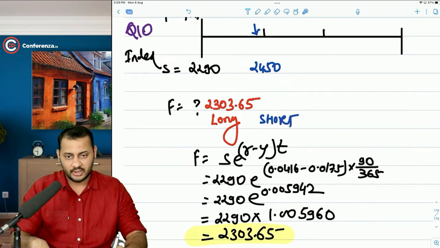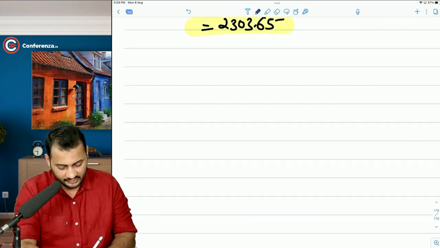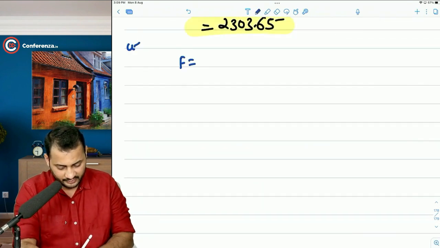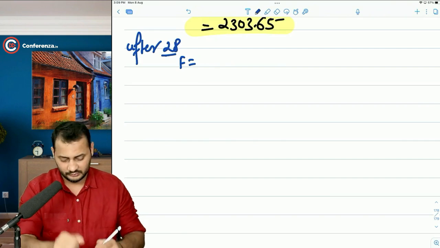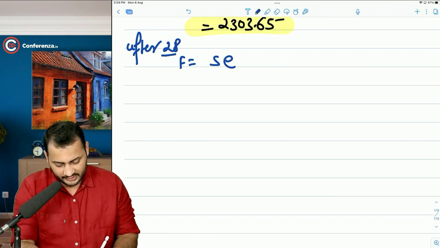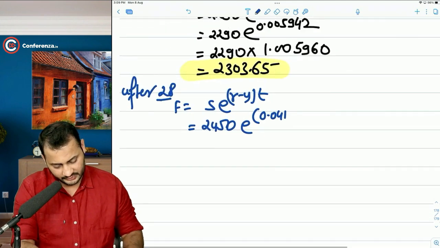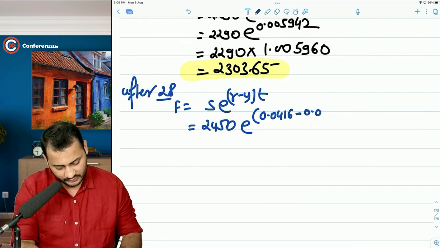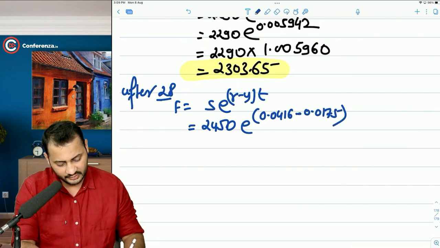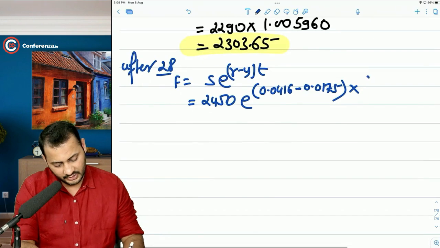Now, another mistake that will happen after 28 days. S(e^((r−y)T)): 2450 is the new price, e to the power 0.0416 minus 0.0175 dividend yield, divided by 28 divided by 365.